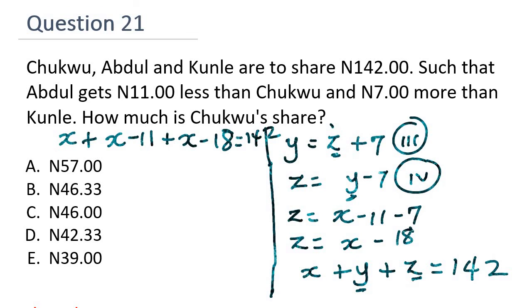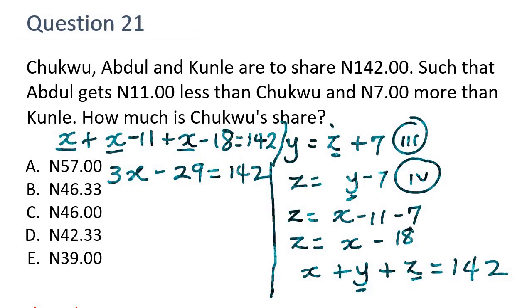Take notes. Hold on, let me write it properly. X plus X is 2X plus X is 3X. 3X minus 11 minus 18 is minus 29, equal to 142.